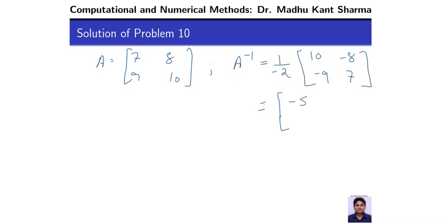So therefore the condition number with the infinity matrix norm is equal to 9 into 19, that is equal to 171. Right. Okay, so the next problem is here. For any real number p greater than or equal to 1, the formula defines a norm.